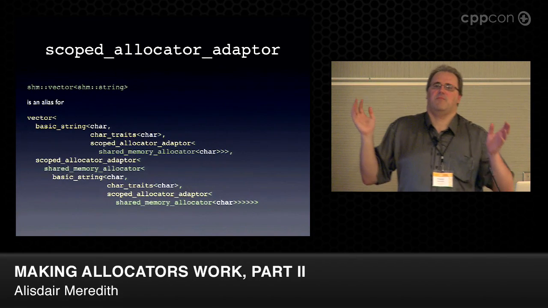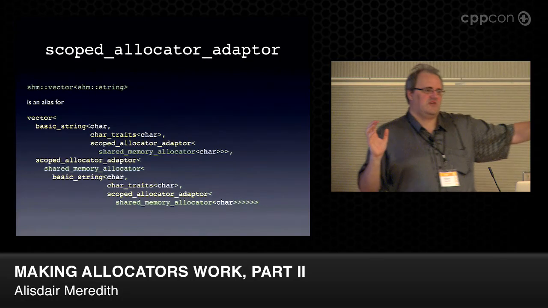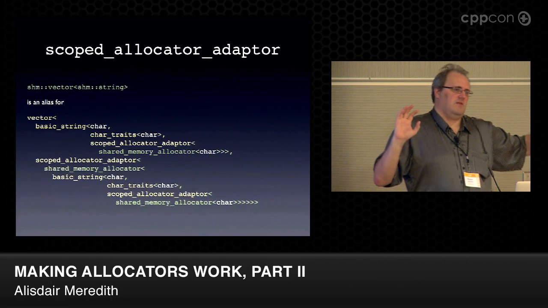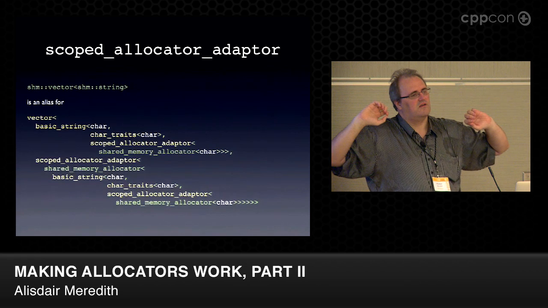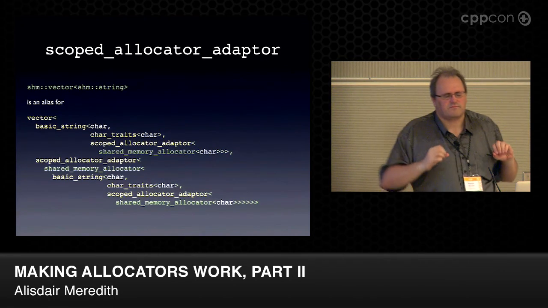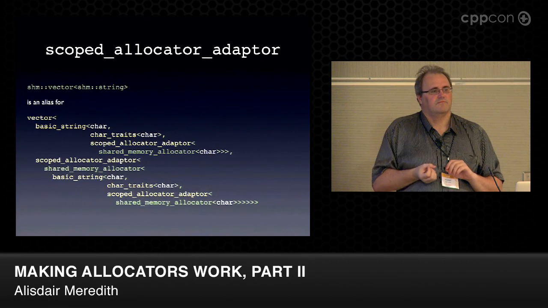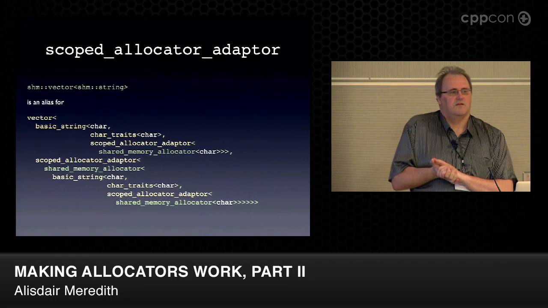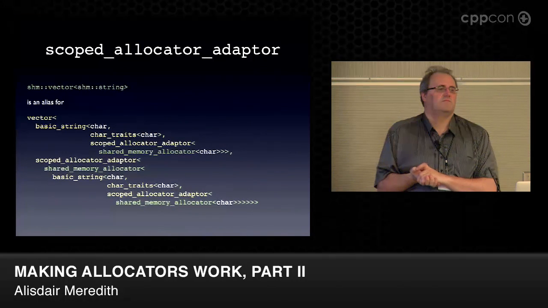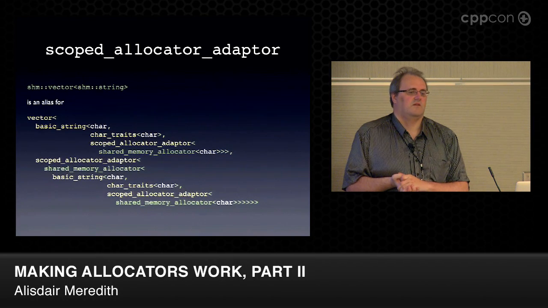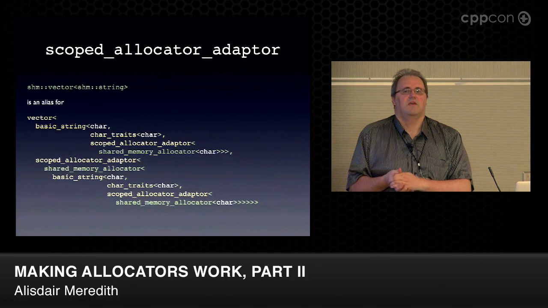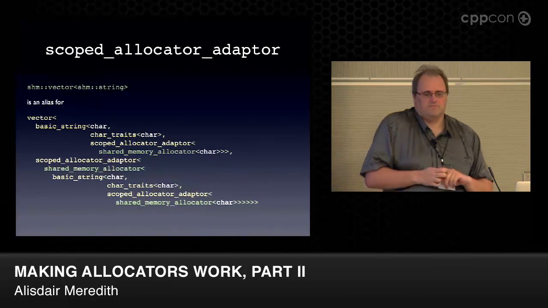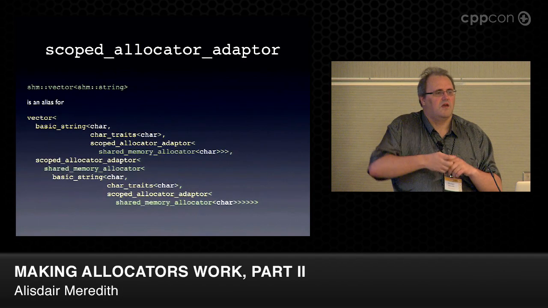So the question is, having magically transferred my pointer from one process to the other, can I magically construct... So I'm going to construct an allocator in my second process based on this pointer that I passed in, which will be in the same place in shared memory. And I now, using this new second allocator, construct my vector of strings here in place, basically, because it already exists from the first process.